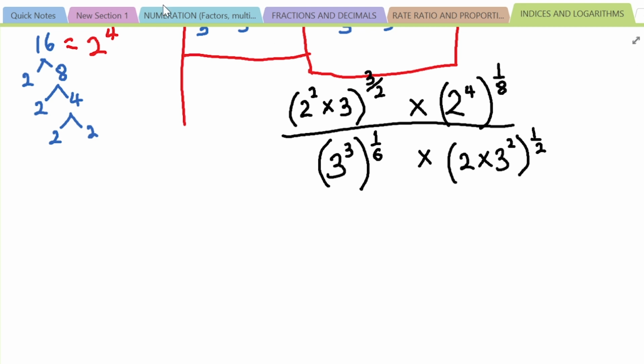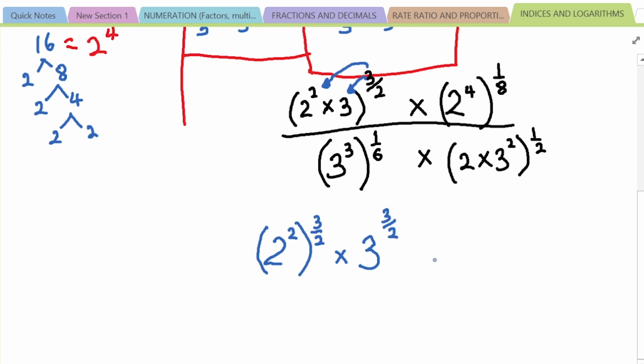So from here you can see that this is the same as 2 squared to the power 3 over 2. This is multiplied by that, yeah? The power 3 over 2, multiply that by 3 to the power 3 over 2. In a way, I'm kind of opening brackets.